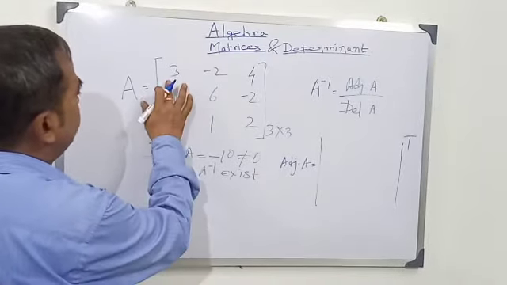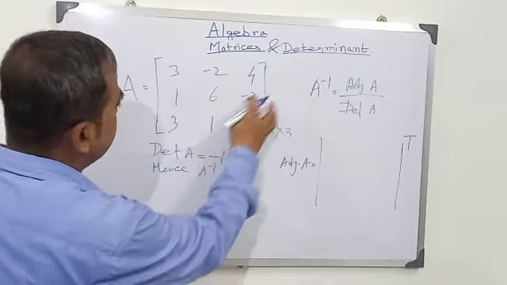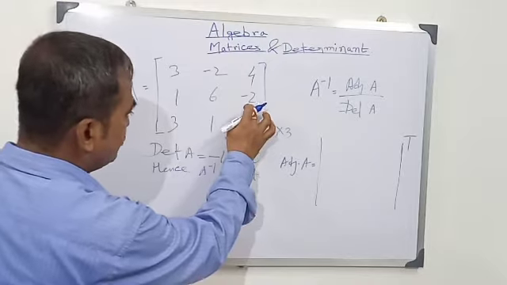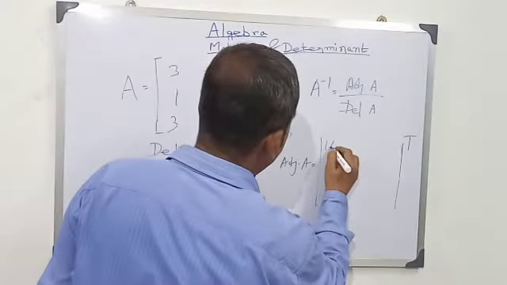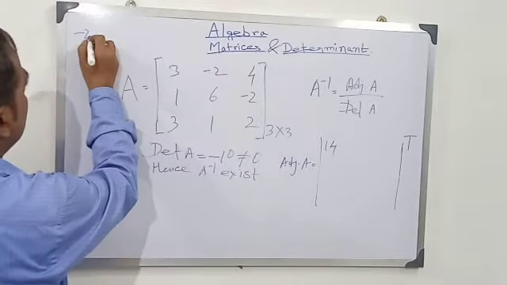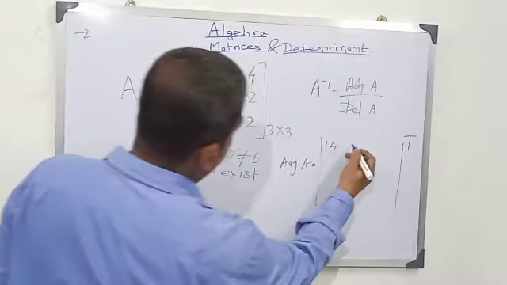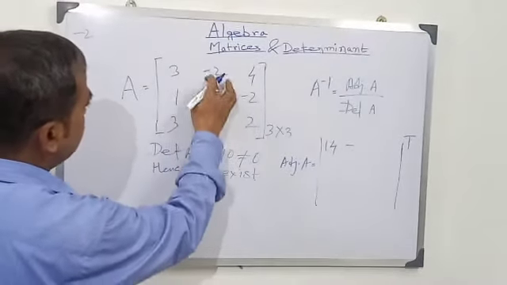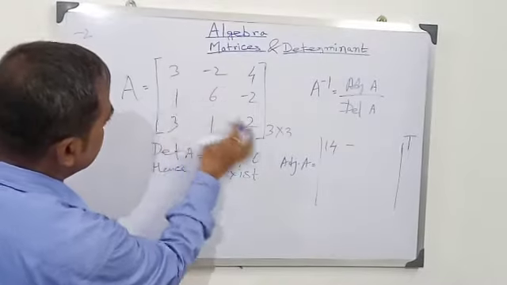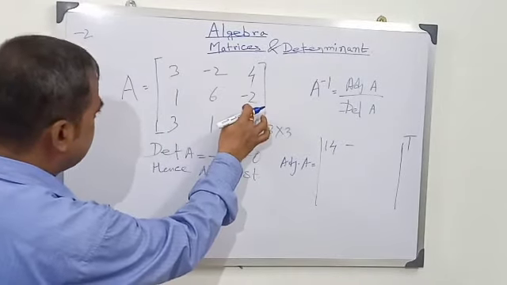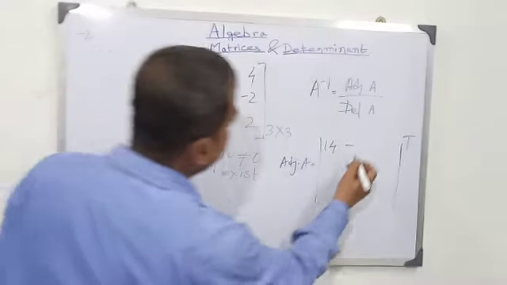Now cofactor of this element, cofactor becoming this is 12 minus of minus plus 2, that is 14. Now this element is minus 2 we have, and then we remove this, then this into this, 2 minus of minus 6, that is 8.